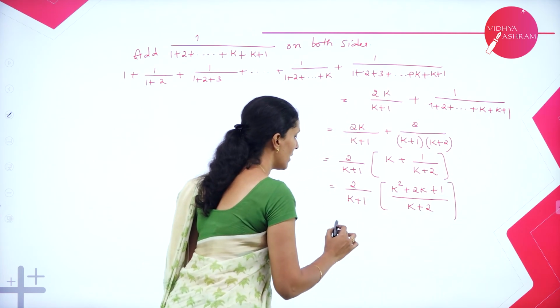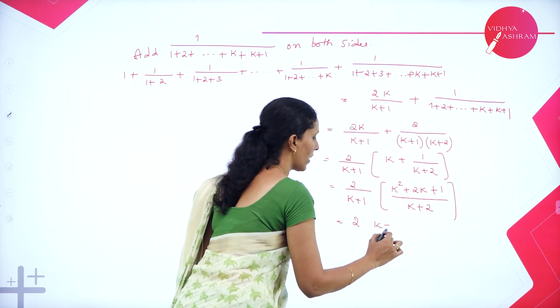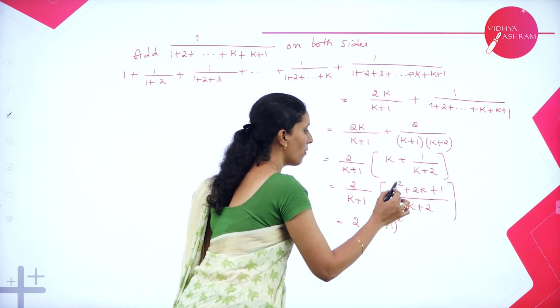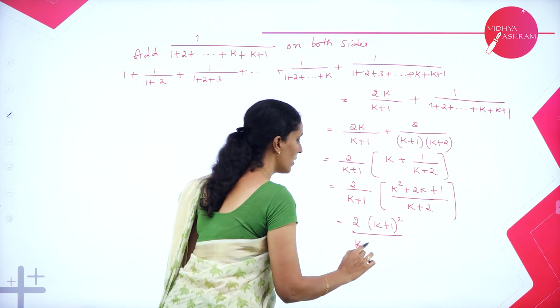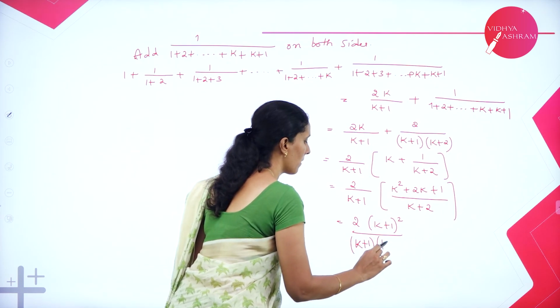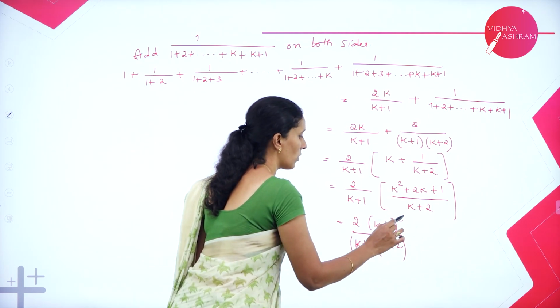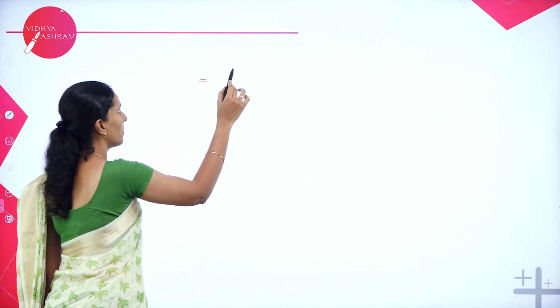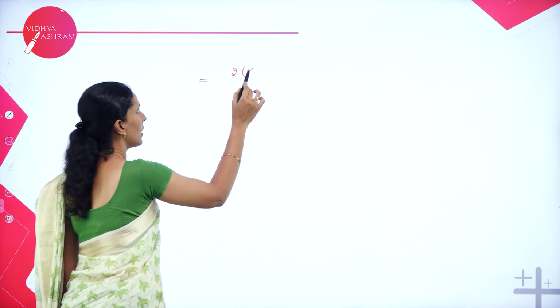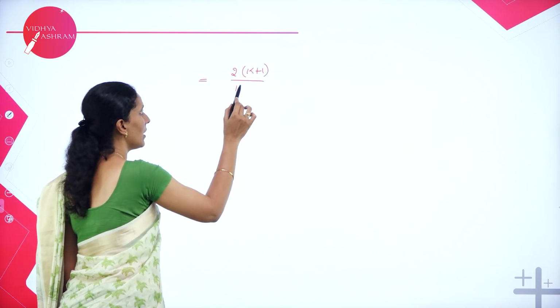So clearly this is (k+1) whole square. It is in the form of a squared plus 2ab plus b squared, so it is the (a+b) whole square form. So one (k+1) cancels, and we are left with 2 into (k+1) divided by (k+2).